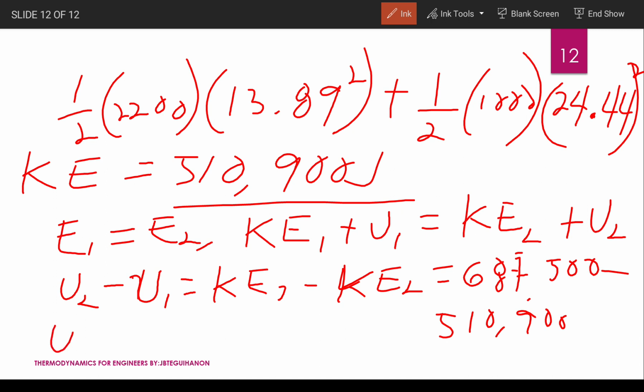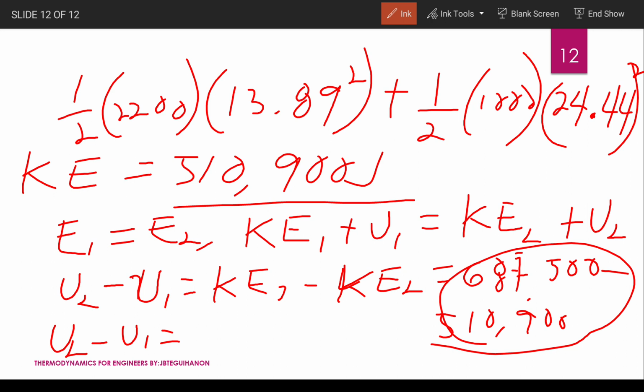So your U2 minus U1 is actually equal to 176,600 joule, or 176.6 kilojoule.